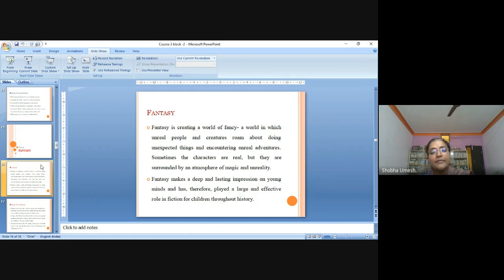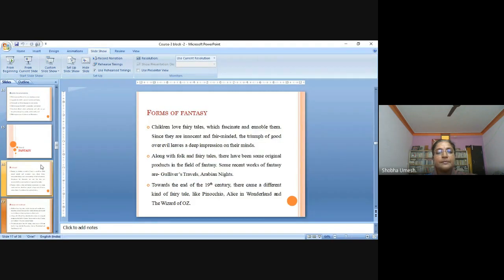Many fantasy things happen in the story because these fantasy elements stay in the minds of children for a longer period of time. From the past till now, there are many fantasy stories in history which try to show some ethics and values.